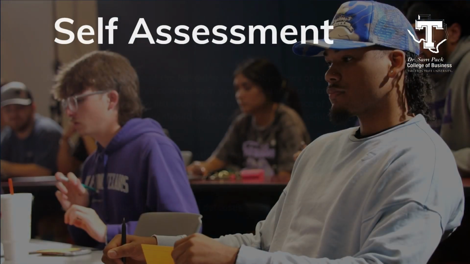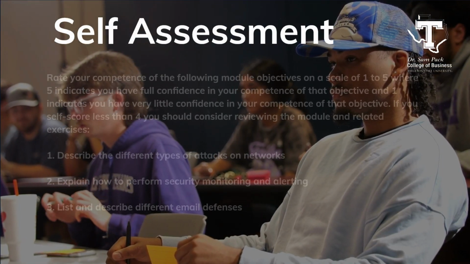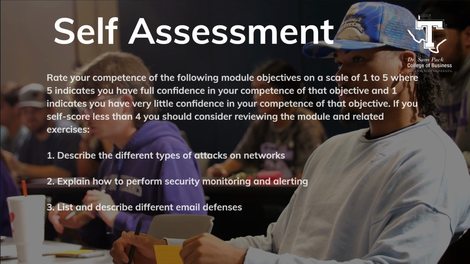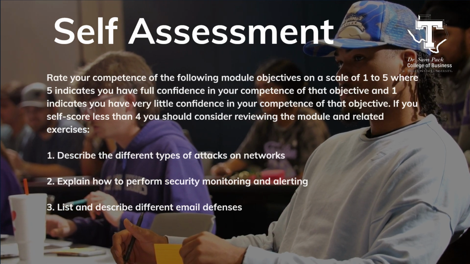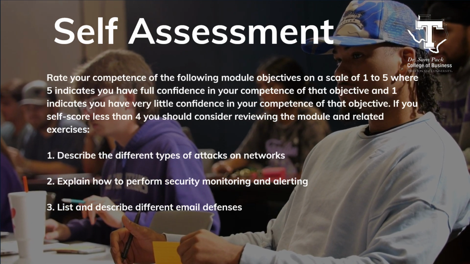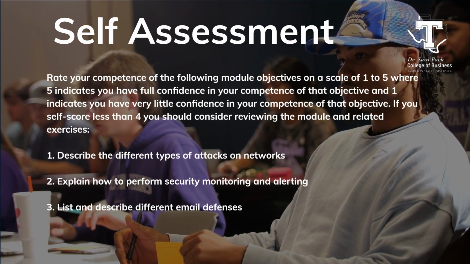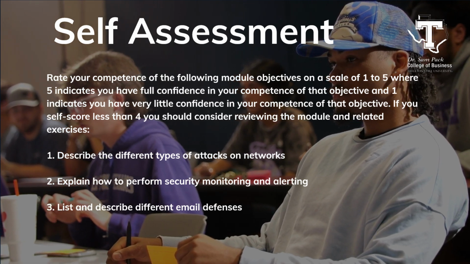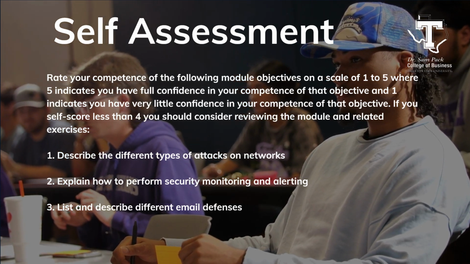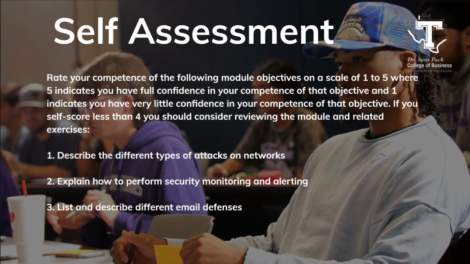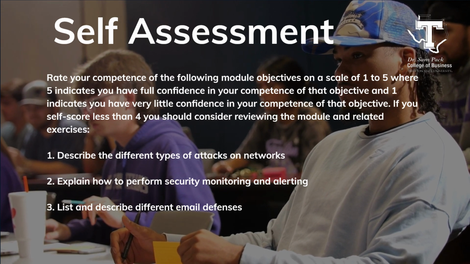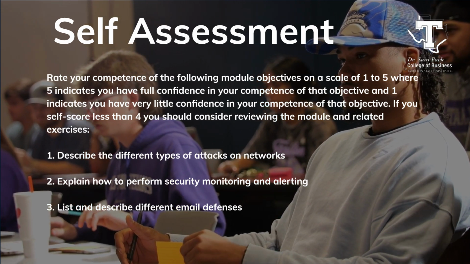Let's see how confident you feel about these objectives. Rate yourself on a scale of 1 to 5, with 5 meaning you're super confident and 1 meaning you're not so sure. If you score less than 4, it might be a good idea to review the module and related exercises. Describe the different types of attacks on networks. Do you feel confident in understanding network attacks like DDoS, MITM, and DNS attacks?